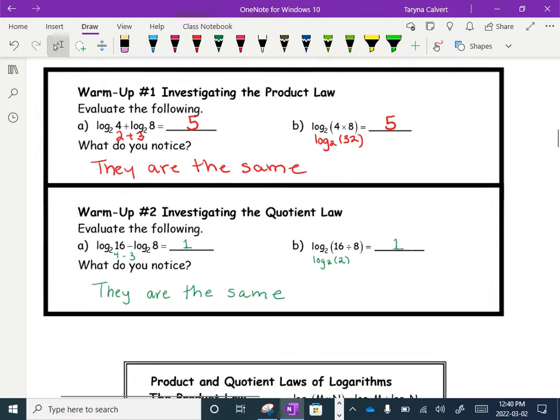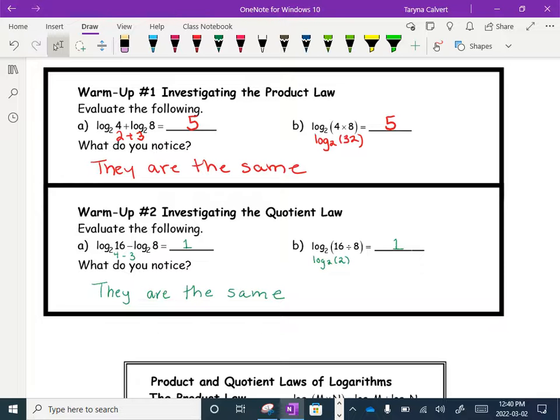So with the warm-up 1, did you get 5 for both? Yes. So this is the product law, which again is on your formula sheet. If you have logs that are being added together that have the same base, that is key. Because if you have a base 2 log and a base 3 log, you can't put those together if you're adding them. Okay, they have to have the same base. So these are both base 2.